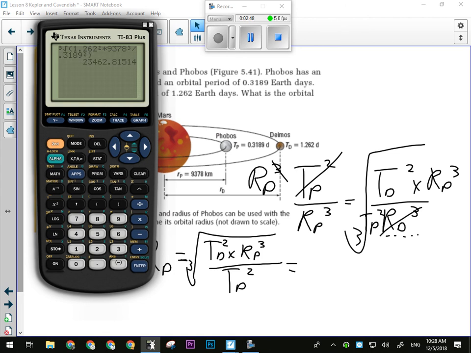All right, so we're getting that the orbital radius of Deimos is 23,462.8 kilometers, because it's got to match the units that they gave me for the radius of Phobos's orbit. Okay. All right, everybody with me on that?